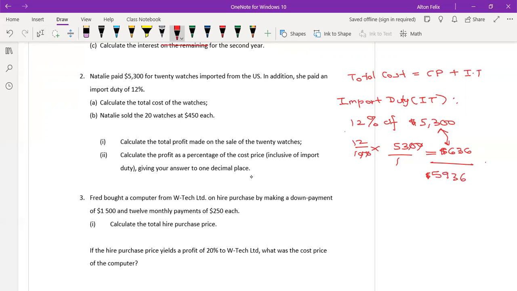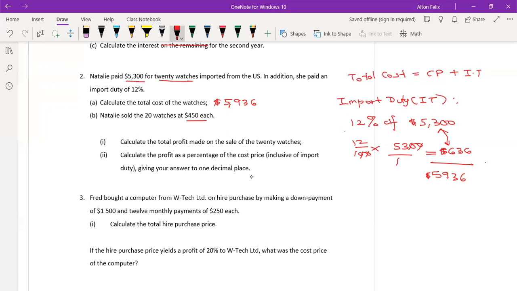So that is how much she paid. All right. She sold the 20 watches at $450 each, right? So she bought 20. This is how much she paid. That's the cost price. The selling price is $450 for one. Calculate the total profit made on the sale of the 20 watches, right?